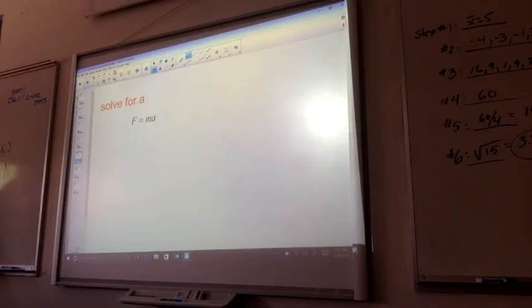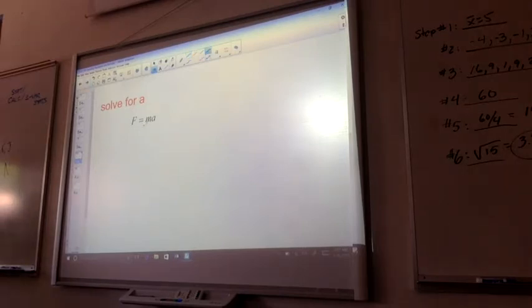F equals ma. Yeah. Force equals mass times acceleration. So it's something that's used in physics. How are m and a being held together on this problem? Multiplication. So they want us to get a by itself. So what do you feel I should do to both sides to get a by itself? Go ahead. Divide by m. Yeah, divide both sides by m.